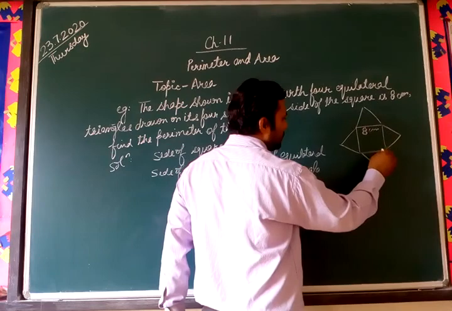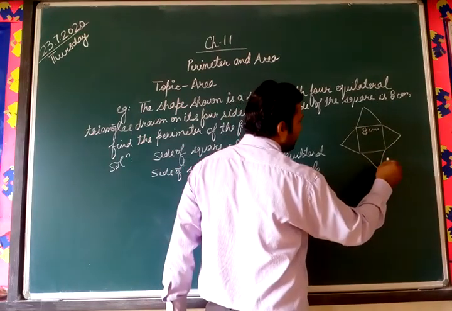If this is 8 cm, then in this equilateral triangle, this is also 8 cm and this is also 8 cm.